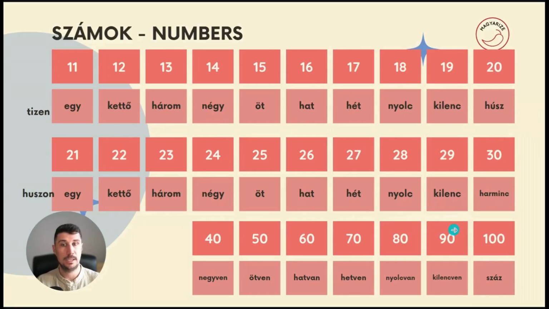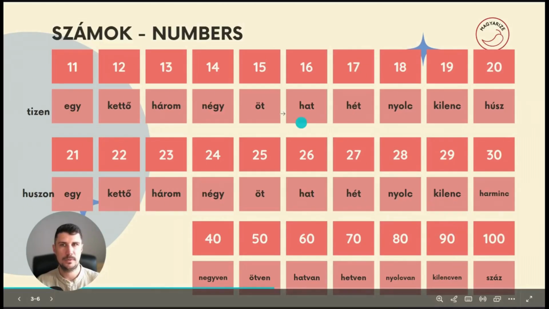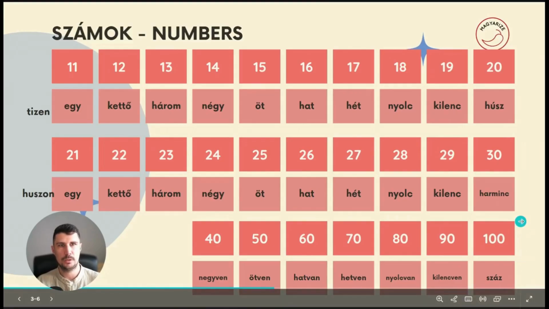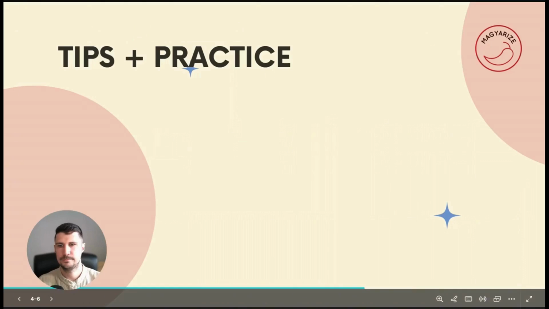And let's say 91, kilencvenegy. And even above 100, which I will not go into detail much, you just put the numbers after each other. So for example, 120 will be százhúsz.